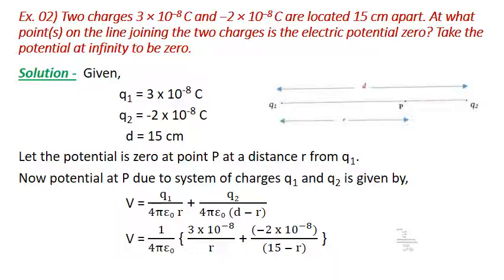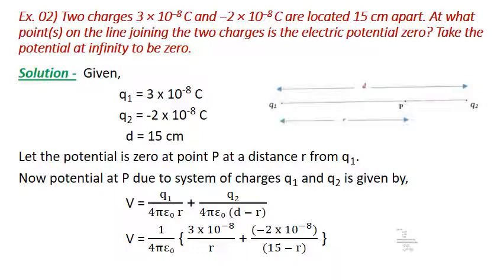Therefore, we can write that potential due to system of charges Q1 and Q2, V is equal to Q1 by 4 pi epsilon naught R plus Q2 by 4 pi epsilon naught D minus R at point P.